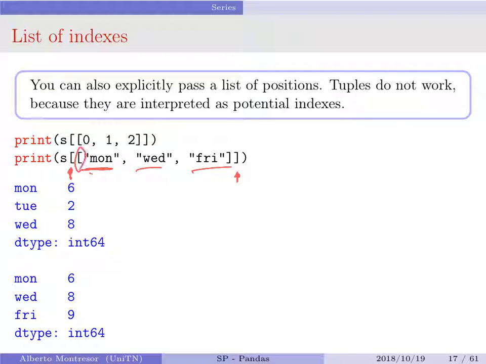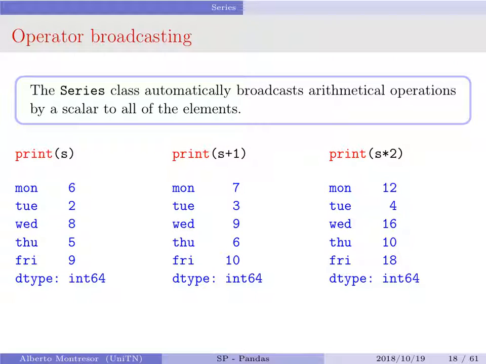The second is because you give it a list of labels, so I'm using a double open bracket, okay? So this is for the list, and the external one is for the extraction, so to say. And again, what you get is another series with just the data that you need, okay?